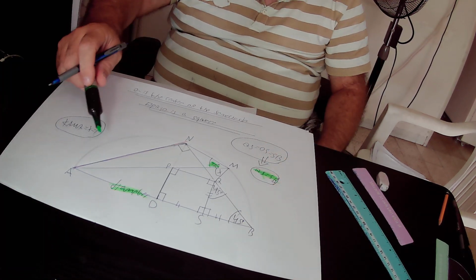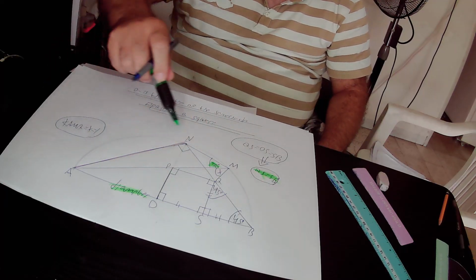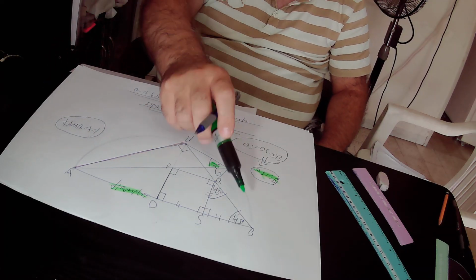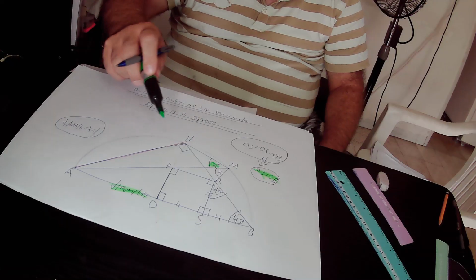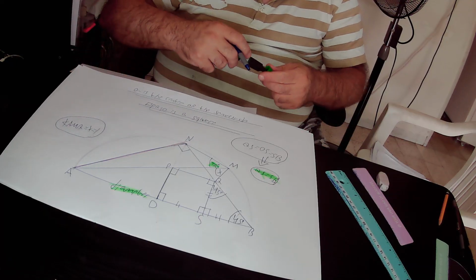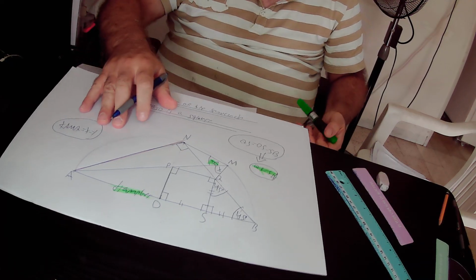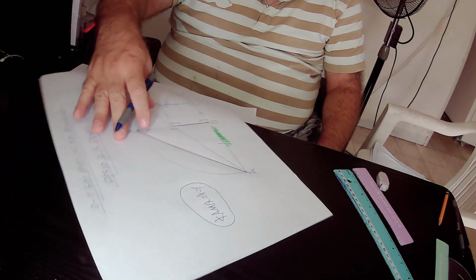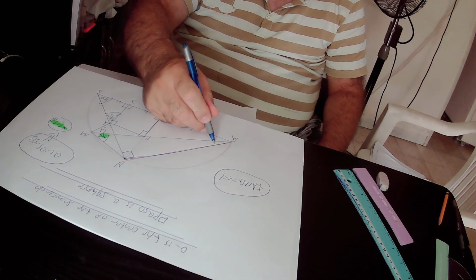In the right triangle ANB, this angle equals 45 degrees, this angle equals 90 degrees, and therefore this third missing angle must be equal to 45 degrees in its size, according to the rule that the sum of the angles in any triangle is equal to 180 degrees.